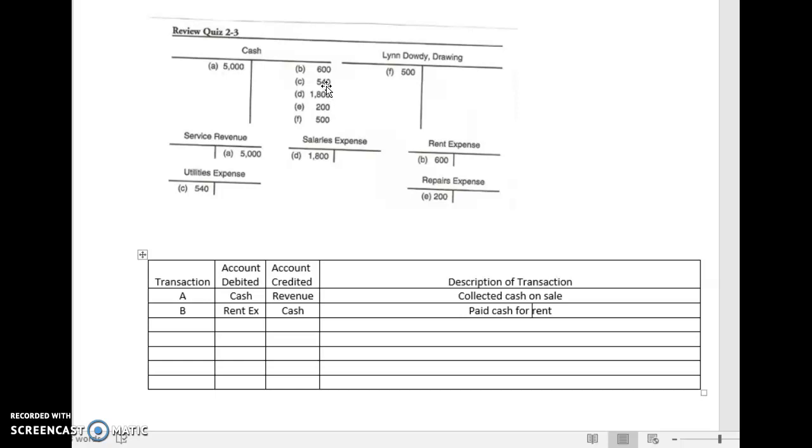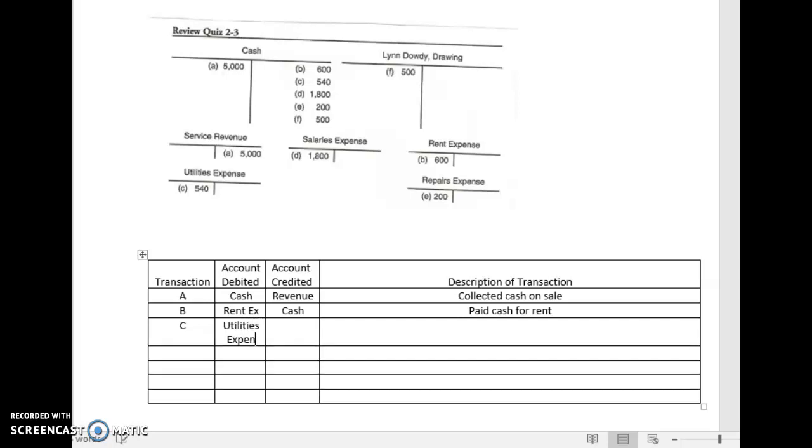Now I need to find C, a debit in another account, and I see it down here in utilities expense. So I'm going to say C, my debit was utilities expense, and my credit was cash.